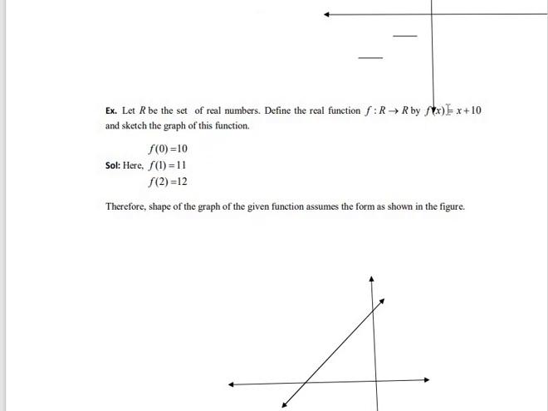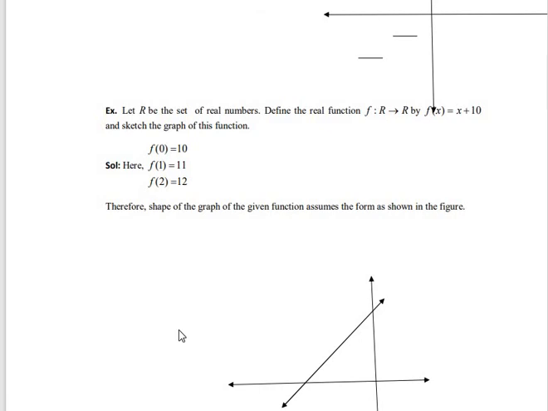If I take x equal to 2, I will get 2 plus 10 is equal to 12. Don't worry, you can take the value of x as negative also. Here I have not taken negative values, but you can choose some negative values also. For example, you can take the value of x as minus 1. So you will get minus 1 plus 10 is equal to what? Yes, you will get 9.